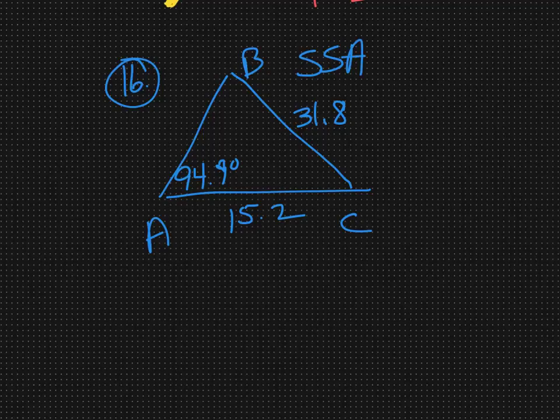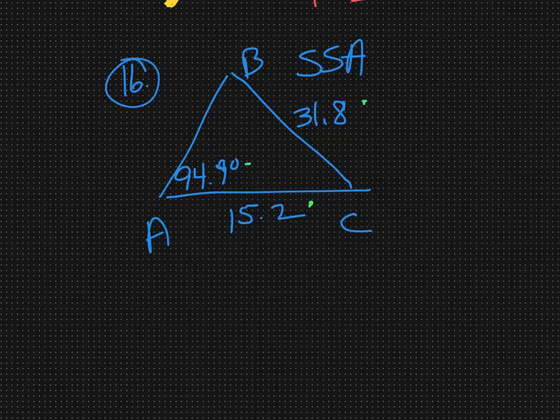And notice, I've got side, then angle. That's exactly what I got. So this is the ambiguous case. So we're going to have to figure out if there's 0 triangles, 1 triangle, or 2 triangles.